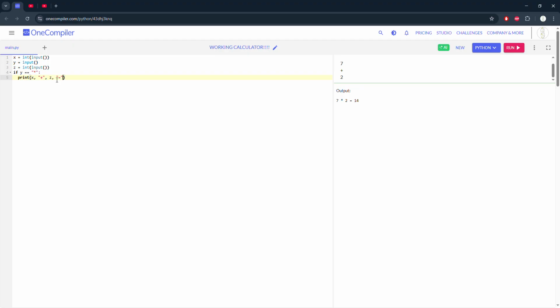Now this will result in our program writing this part together with the equals. So when we add this, we put a comma, a space, and we want the final answer, which is x times z.